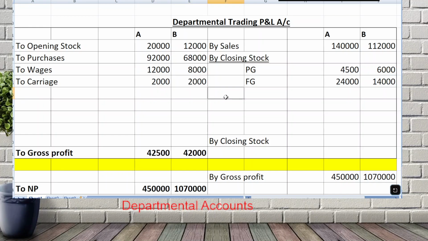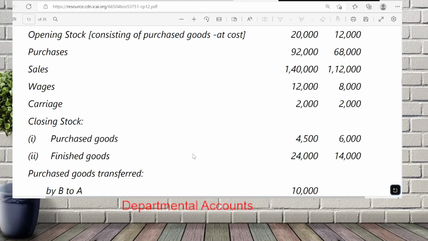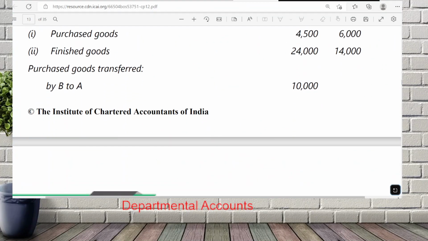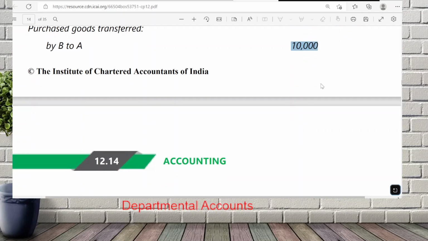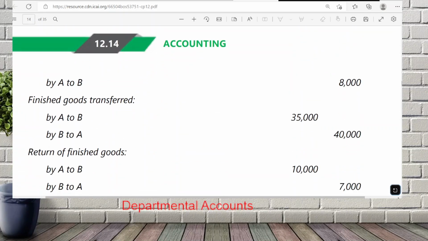Wait. By transfer of purchased goods, apply the rule: credit the giver, debit the receiver. Transfer of purchased goods, B to A: how much? In B's column, 10,000 you will credit. In A's column, how much will you credit? 8,000.